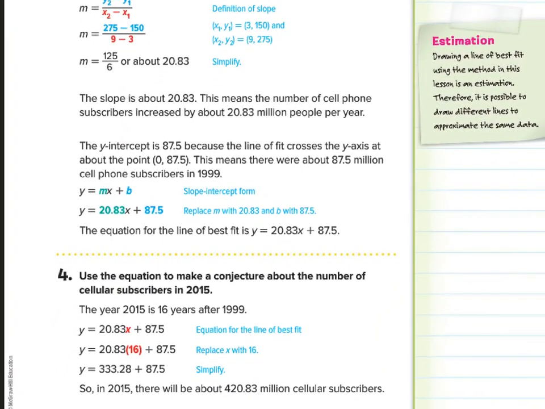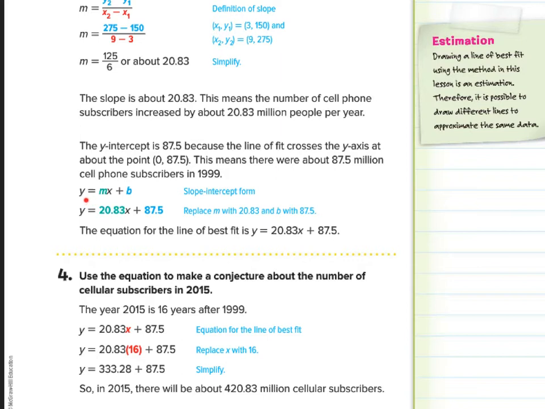And then they want us to write it in slope-intercept form, right? Where we have to write y equals mx plus b. So that's called slope-intercept form. Here we go. The y-intercept is 87.5 because the line of fit crosses the y-axis at about the point (0, 87.5), 0 for x and 87.5 for y. This means there were about 87.5 million cell phone subscribers in 1999.